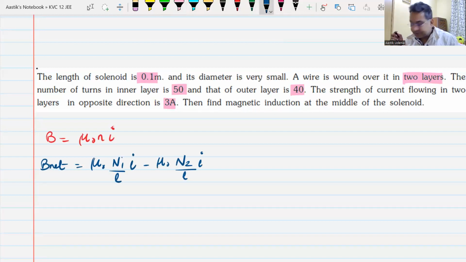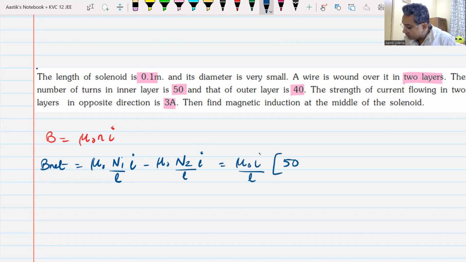Length is the same, current is the same, current is in the opposite direction, number of turns is different. So we just need to put the value: mu naught I by L into 50 minus 40, and that is the answer, my dear friends.